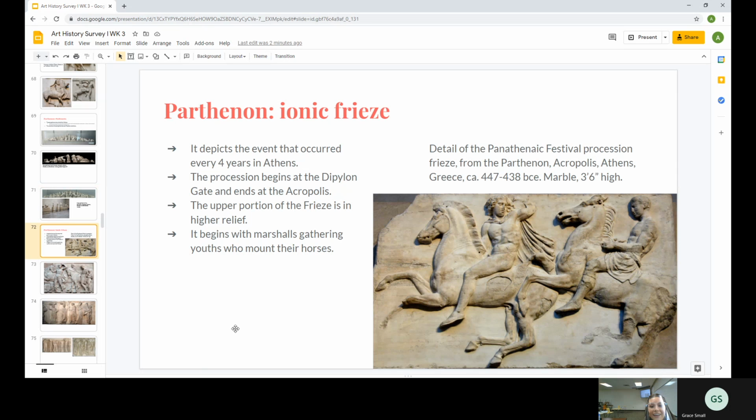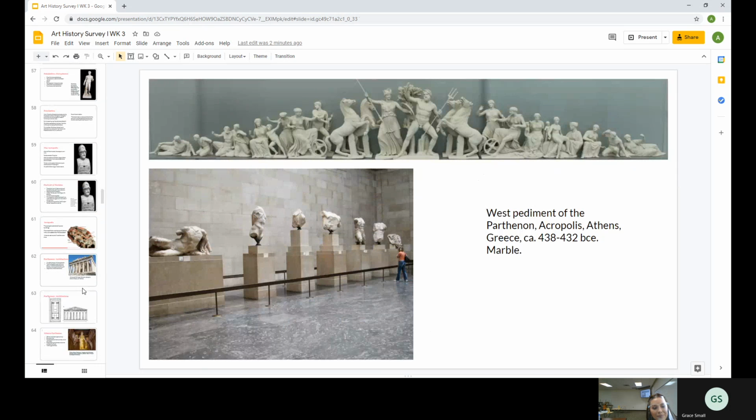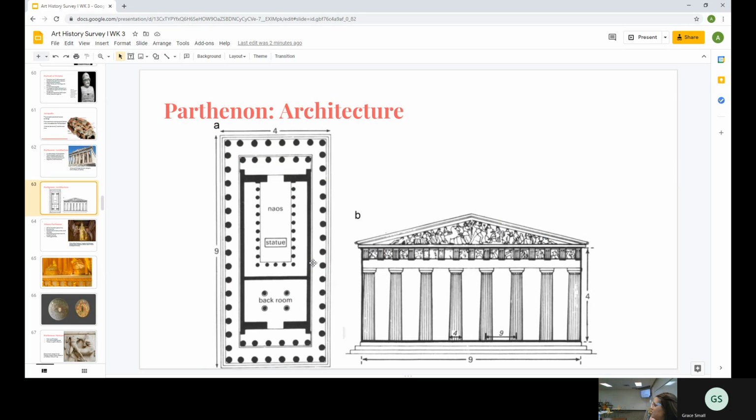But yeah. There are some pieces of the Ionic frieze. Remember, I mentioned this is a Doric temple. Well, they decided to do something different with the inner temple here. They made it Ionic.